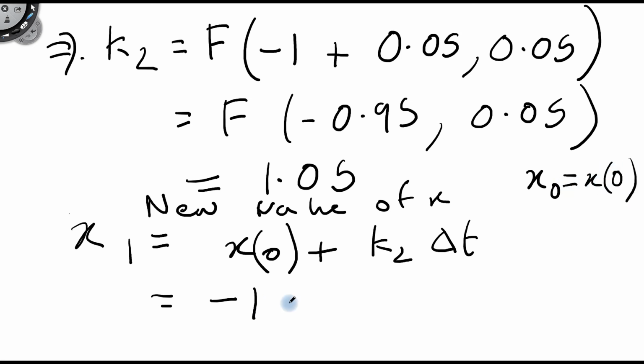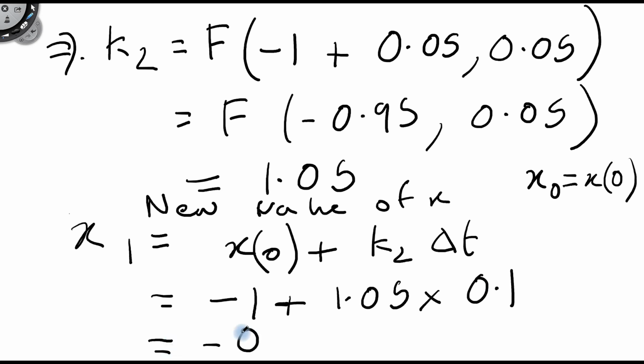So that is minus 1 plus K2, which we know is 1.05, times delta t, which was 0.1, which equals minus 0.895. So that might seem quite laborious, and obviously in general you code this up and you just run it.